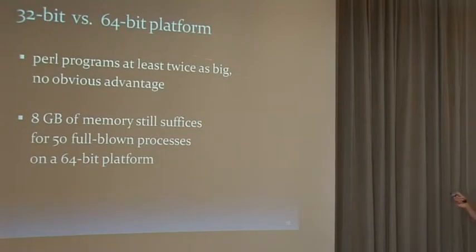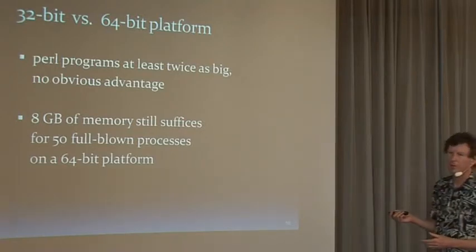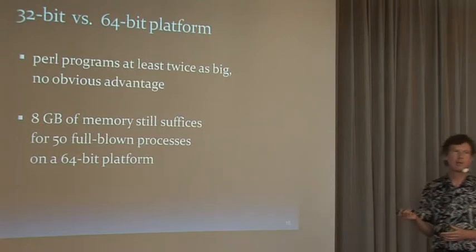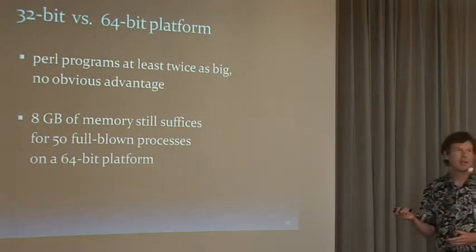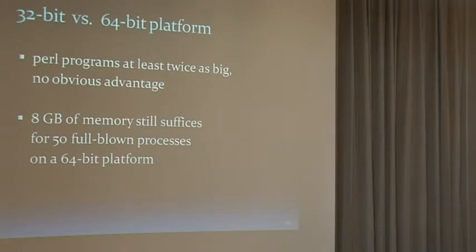So this is something to keep in mind. It probably doesn't pay off to have a 64-bit operating system when you intend to run Amavis with SpamAssassin. There is no obvious advantage in it, and it just consumes more than twice the amount of memory.